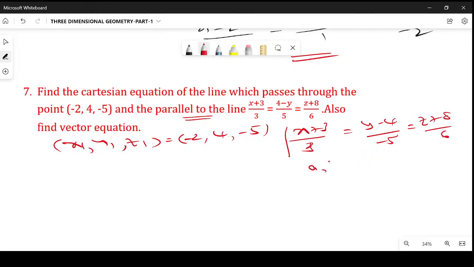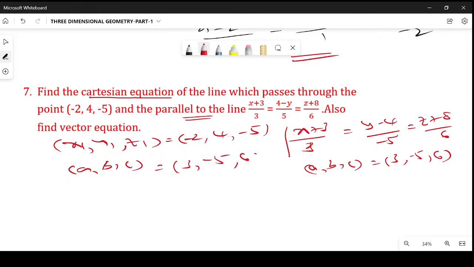So here direction ratios a, b, c equal to 3, minus 5, 6. Then the required Cartesian equation, both are same now. Here also you can consider a, b, c is same for this required line. It will be 3, minus 5, 6 because both are parallel.